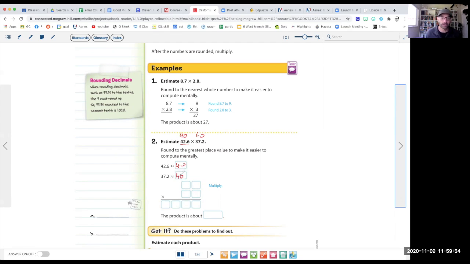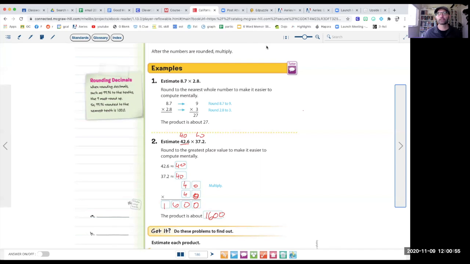You see why? Because 37 rounds up to 40, 42.6 rounds down to 40. So now we do 40 times 40, which we can do really easily because remember, when something ends with 0, we can just put that 0 there. We do 4 times 0 is 0, and 4 times 4 is 16. So our answer should be around 1600.